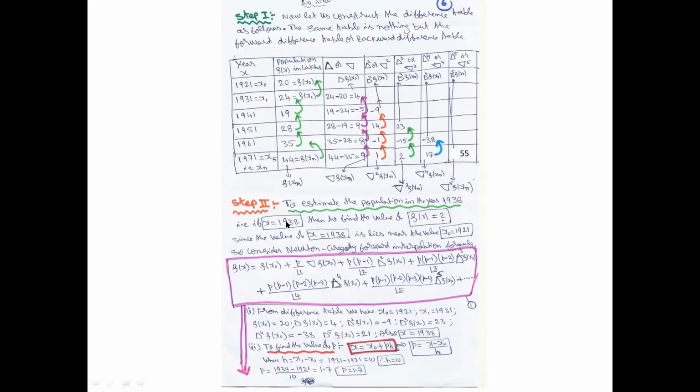In problem number 1, we covered the answer for questions A and B. In further videos, I will answer the remaining questions. Once again, to estimate the population in the year 1938, we have to construct the difference table first and then apply the second step. Thank you very much.